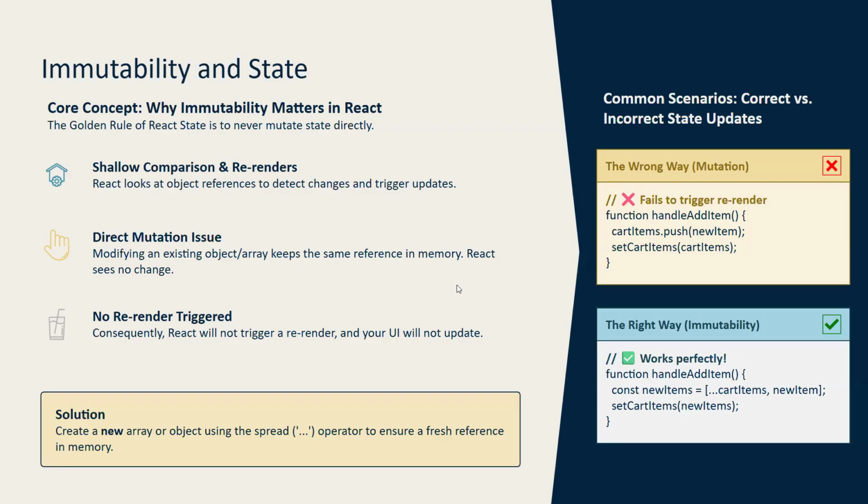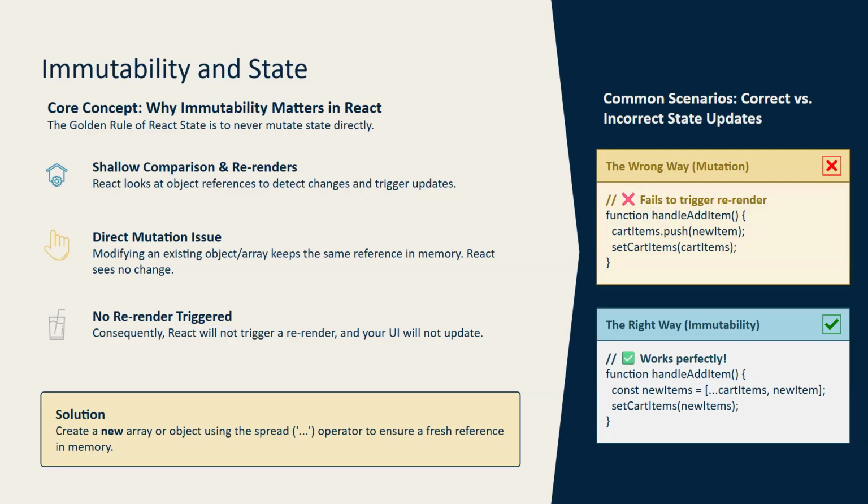Okay, so one more React idea before props is immutability. In React, we should never mutate state directly. Instead, we create a new array or object and pass a new value into the setter. Why does that matter? Because React often checks whether state has changed by comparing references in memory.